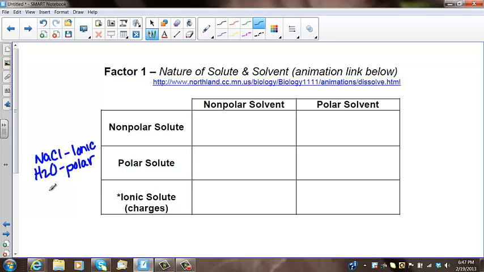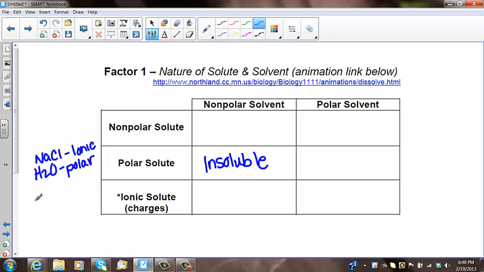So the saying, like dissolves like, means polar will dissolve polar, and polar will also dissolve ionic. So if I take a polar solute and I put it in a nonpolar solvent, you can see that they are not alike, so it would be insoluble. It would not dissolve.